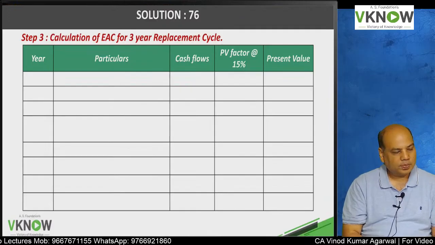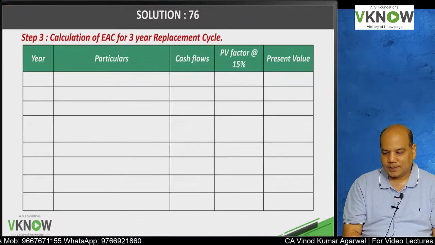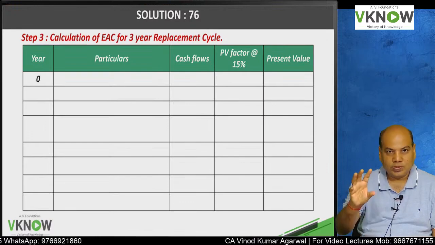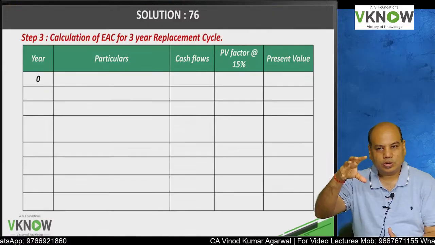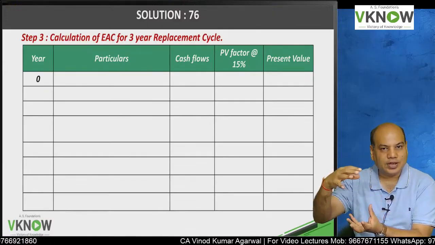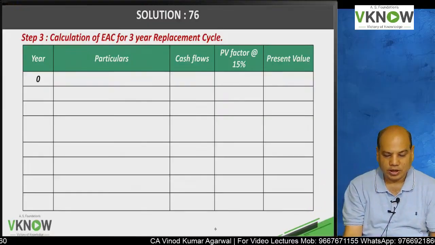Year, particulars, cash flow, PV factor at 15% and PV. So now you imagine you have to use cash flows of only 3 years. If you buy an asset with 3-year life, what are the cash flows associated with that?